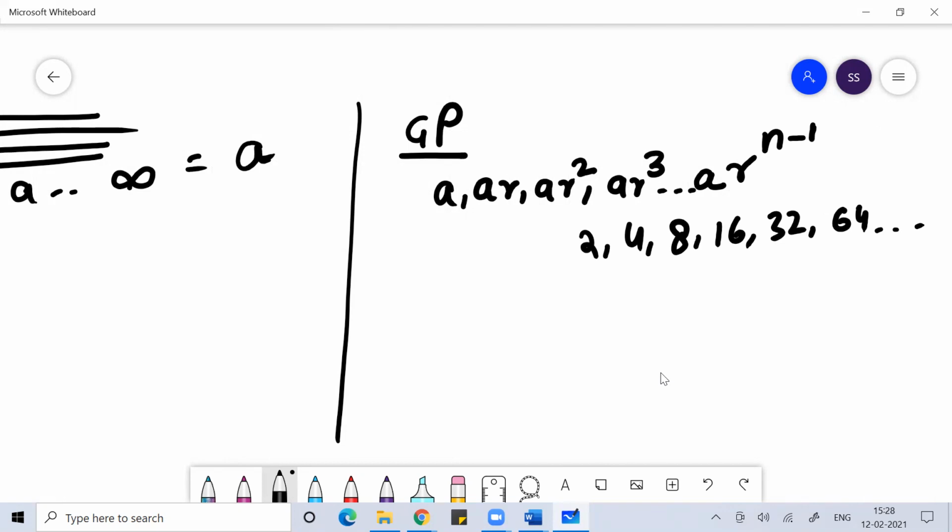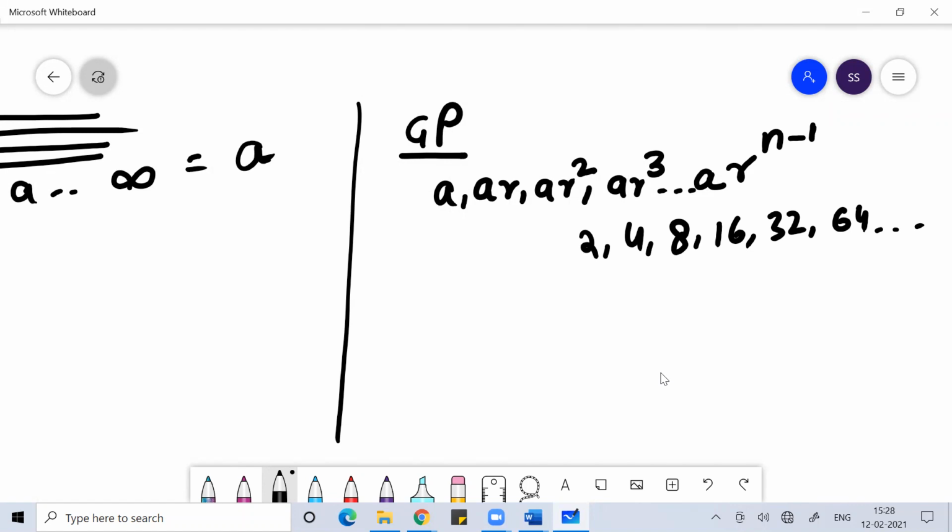In statistics also, in your first semester, you would have studied GP, AP, HP, harmonic progression. If you have not studied, no problem, I'm going to do it here again. So GP means when the number increases or decreases with a common ratio, then the numbers are said to follow GP.